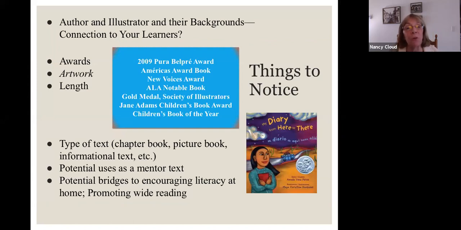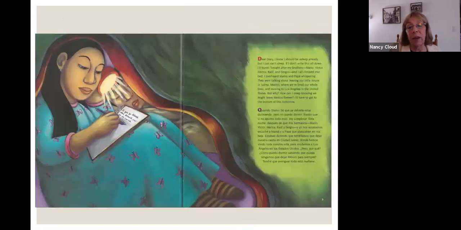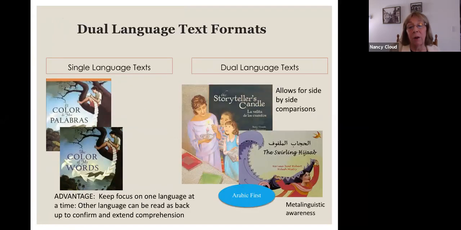When you look at books, you also want to notice the awards. For those of you that are Spanish English, there are awards. Pura Belpré, if you don't know about her, was the first Puerto Rican librarian in New York City, and the first Spanish-speaking librarian to offer story hour to children in Spanish. That is actually the story of the Storyteller's Candle, which I showed you back here.